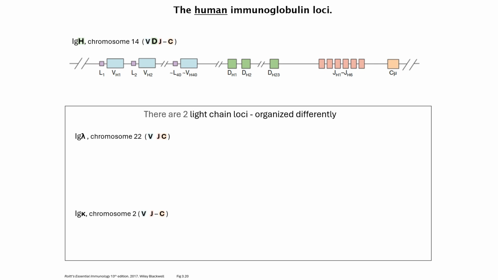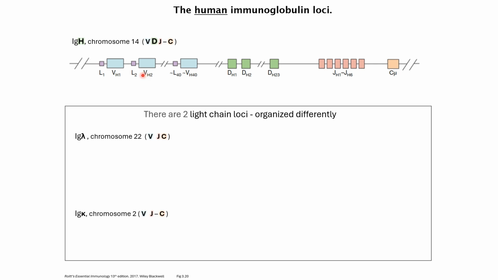The variable domain of the heavy chain locus is made up of a V, a D, and a J segment. Downstream of that are the constant regions. And the gene here looks very, very different to the final gene in the transitional B cell. Why is it different?